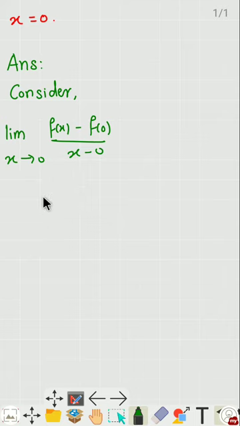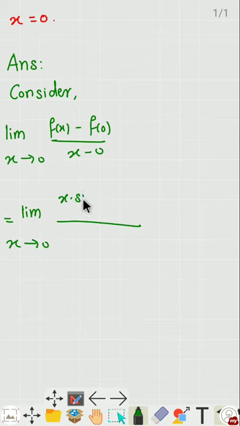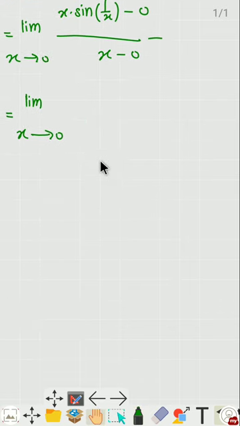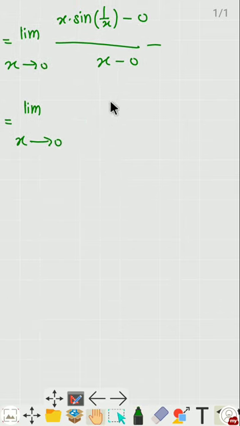It is equal to the limit as x tends to 0 of x into sine 1 upon x minus f of 0, which has value 0, divided by x minus 0.